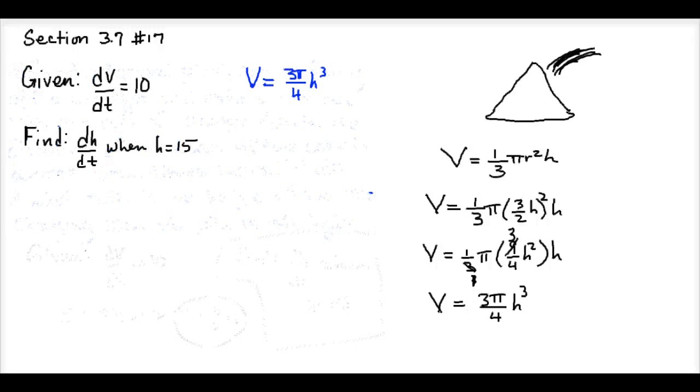Now that we have our formula, we can go on and find the derivative. So we want to find dV over dt. dV over dt is going to be 3 pi over 4 times 3h squared times dh over dt.